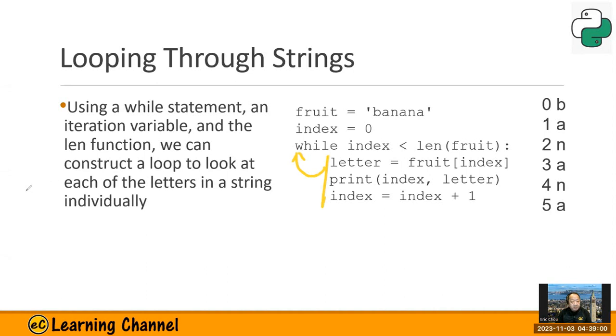So you start from index equals 0, and while the index is less than the length of the fruit, you assign the fruit's index letter. When index equals 0, you assign B to the letter, and you print out the index 0 and letter B. Then the index increases, and your index becomes 1. Then you print out 1 A, 2 N, 3 A, 4 N, 5 A, respectively.